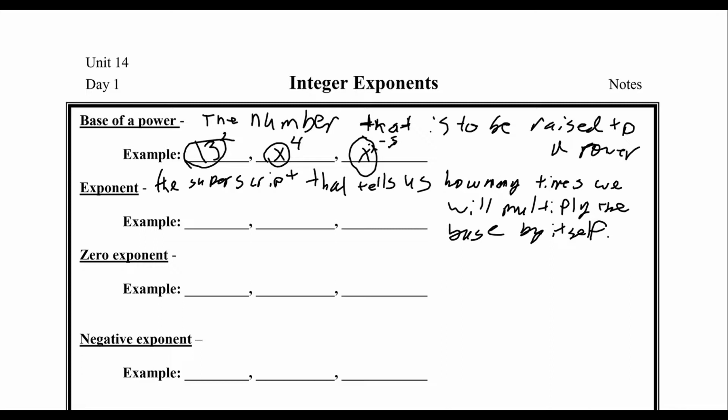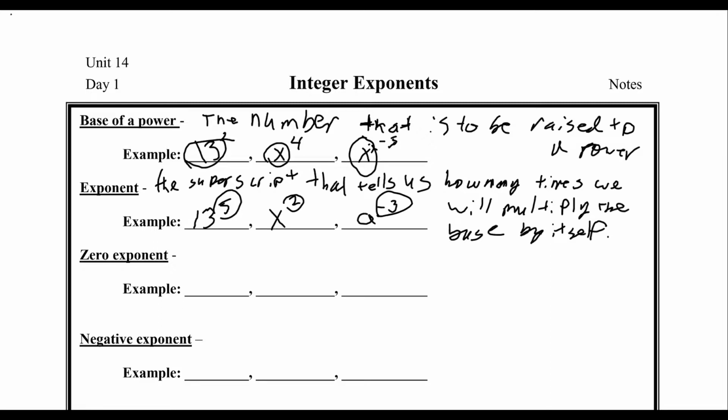Okay? The superscript that tells us how many times we will multiply the base by itself is the exponent. Okay? So, things that are exponents. If we had, say, 13 to the fifth, 5 is the exponent. If we had, say, x to the second, 2 is the exponent. If we have a to the negative third, negative 3 is the exponent.